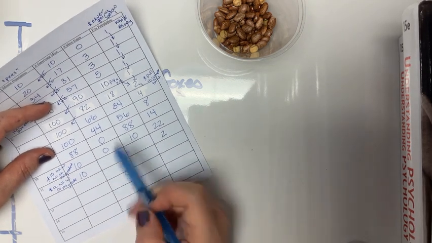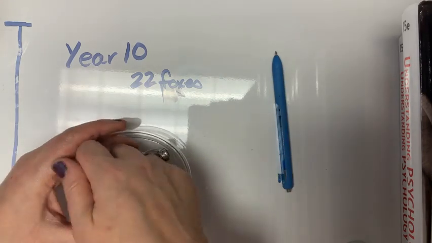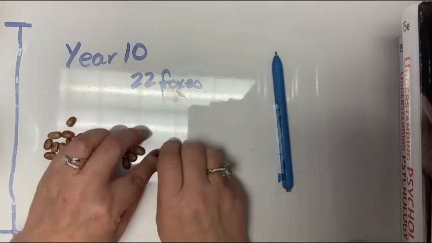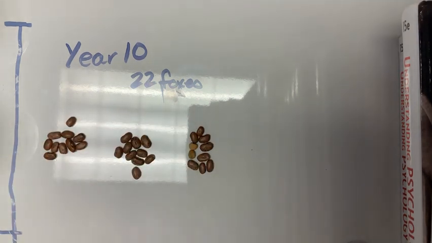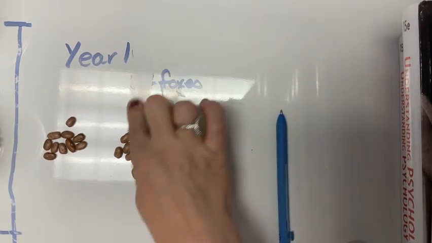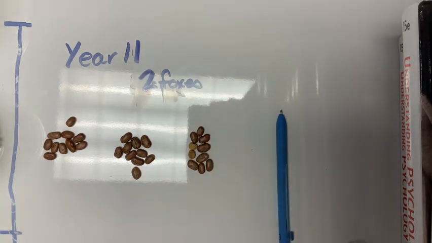Nobody lived, okay? So now I'm going to draw 30. Now that's my 30 for my 2, 5. Oh, wait. This is year 11. 2 foxes.